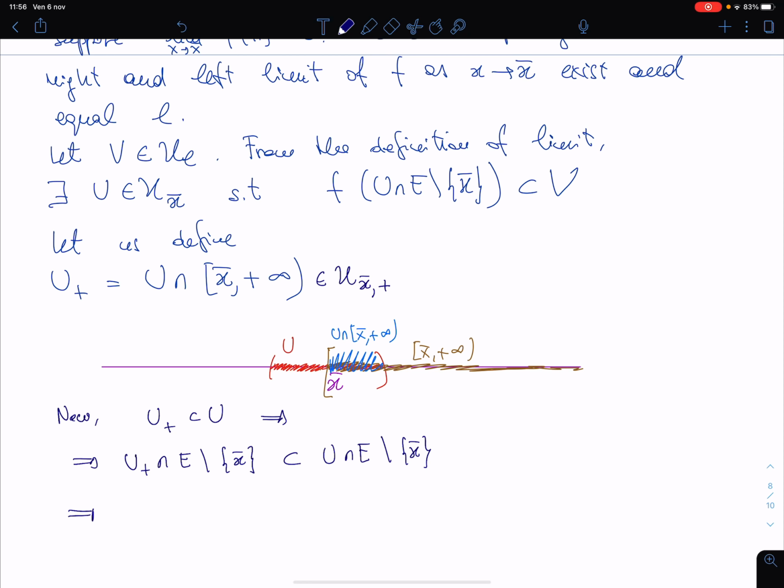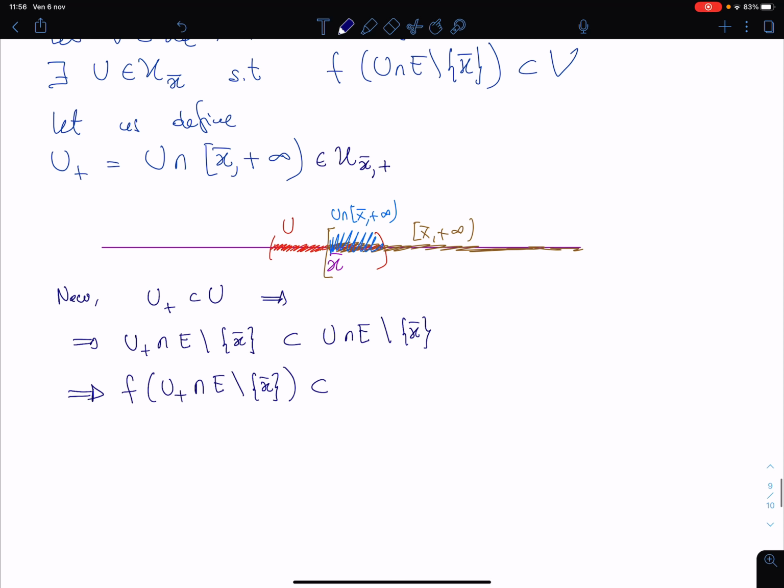Then when I study the image of this set, so when I consider the set F of U plus intersection E minus x bar, this will be contained in the image of the larger set F of U intersection E minus x bar that is contained in V.